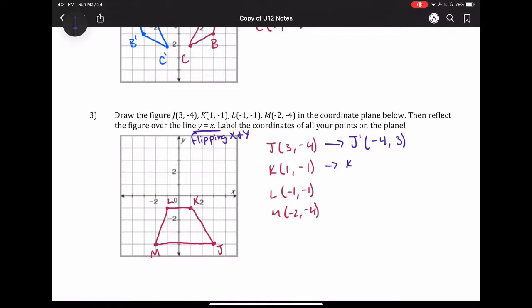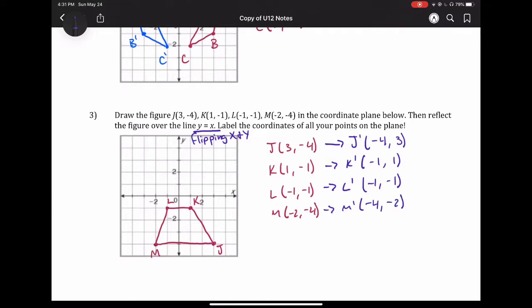My new K, flipping the x and the y, I now have a negative 1 for x and a 1 for y. For my new L, continuing the trend, I'm flipping the 2 points. In this case, they happen to be exactly the same, so there is no change. My new M, flipping the coordinate points, I have a negative 4 for my new x, and I have negative 2 for my new y.